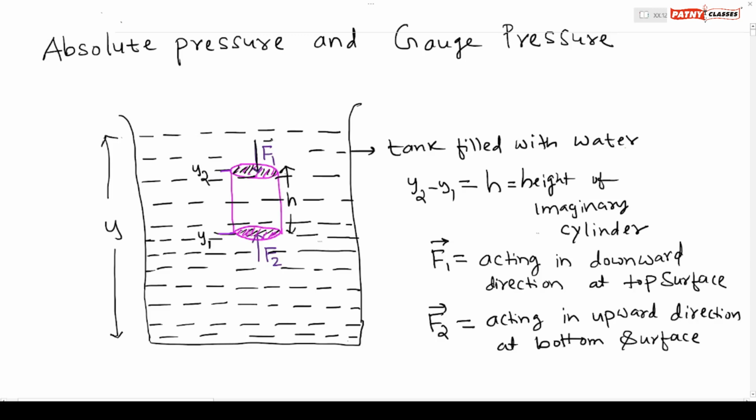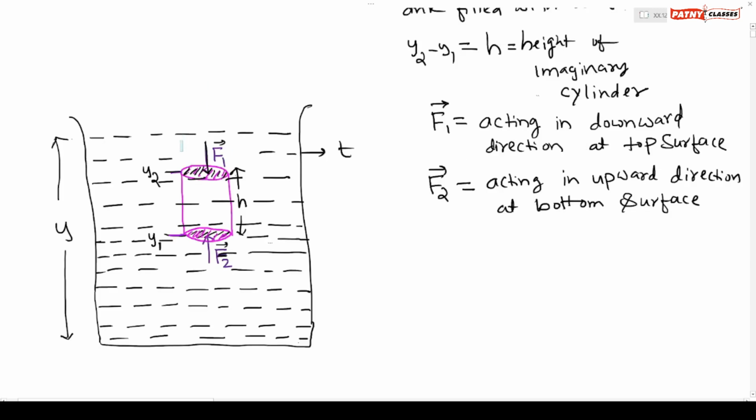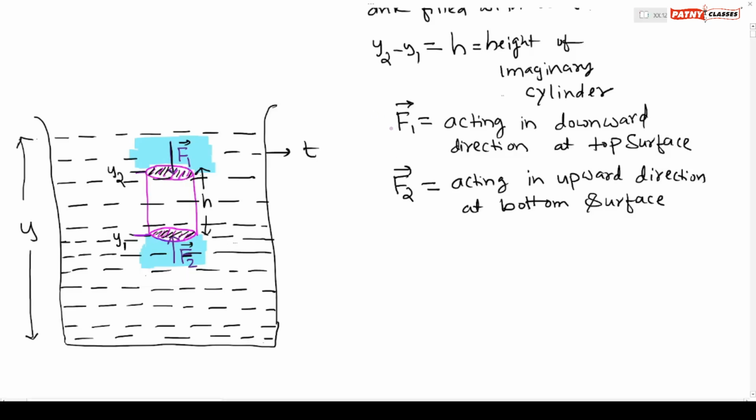They are vector quantities. There is the water above the imaginary cylinder. Similarly, there is water below the imaginary cylinder. Therefore, the force F1 is nothing but the force due to the weight of water above the imaginary cylinder.